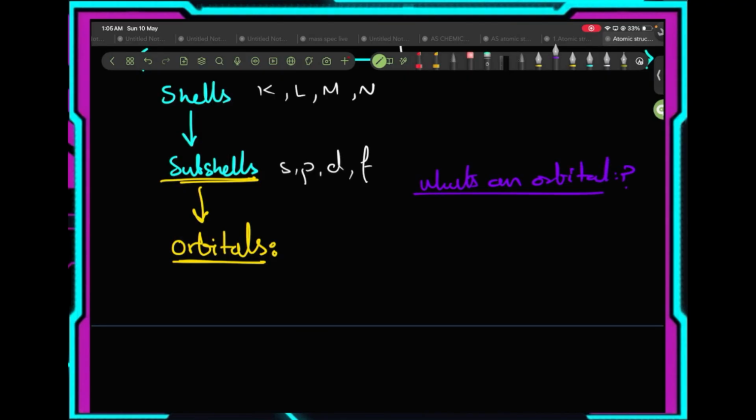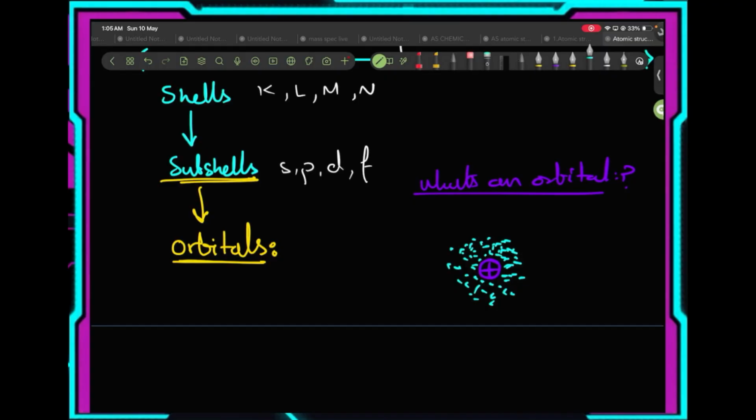So in O levels, we used to say that orbitals are basically circular paths around the nucleus and the electrons are revolving around the nucleus. That is wrong. Electrons do not revolve around the nucleus. They have very random movement. So if this was a nucleus, you'd have a probability of finding the electron anywhere in this region, right here.